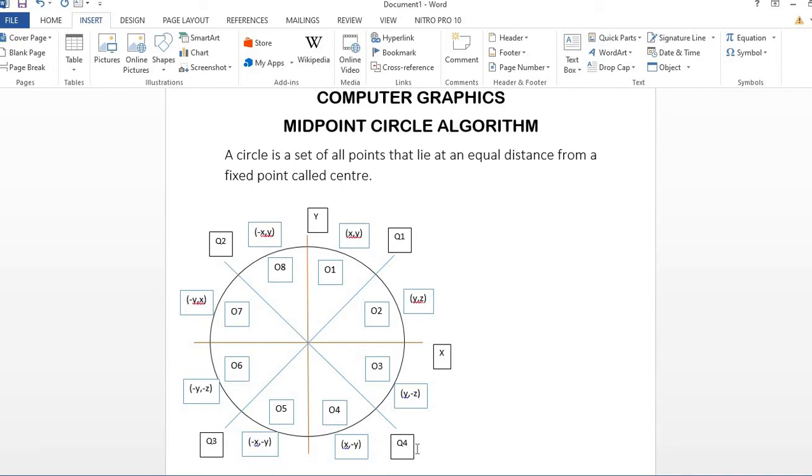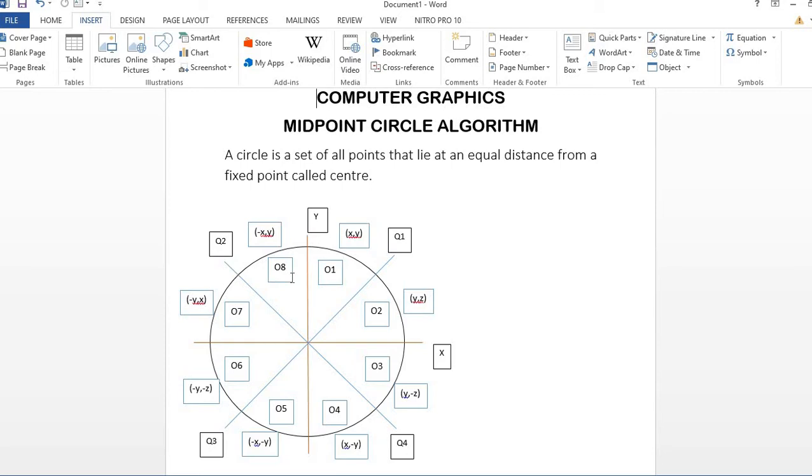Now we go for eight-way symmetry. Four-way symmetry was formed for four coordinates: coordinate 1, 2, 3 and 4. Eight-way symmetry is formed for eight octants: octant 1, octant 2, octant 3, octant 4, octant 5, octant 6, octant 7 and octant 8.